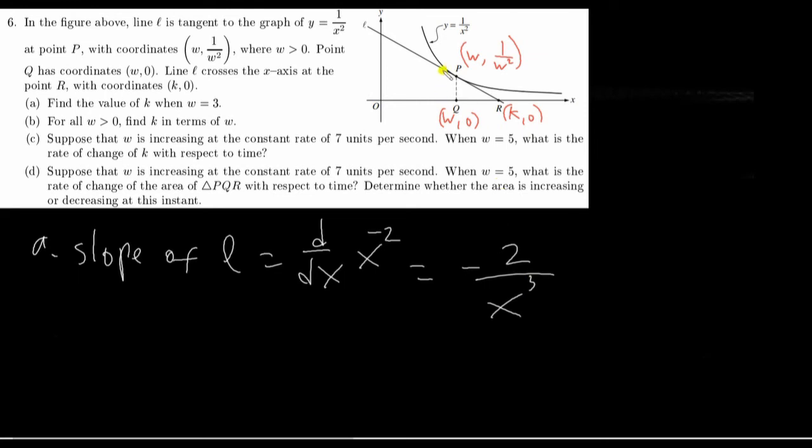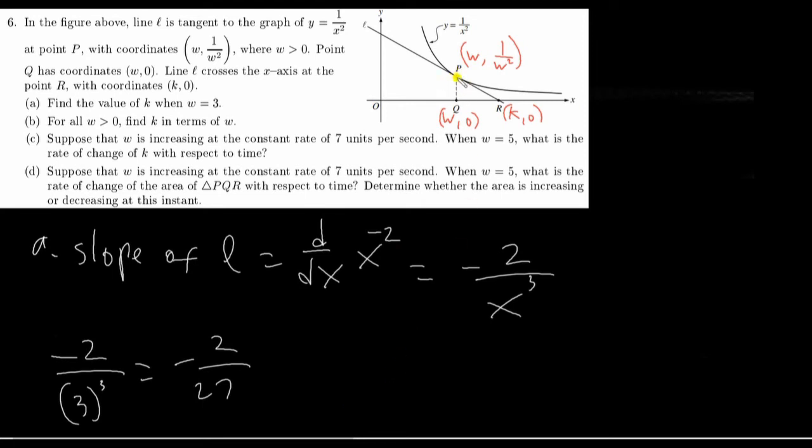So we can take the slope, and it's at point w, right? And since in this question w is 3, we're going to evaluate this derivative at x equals 3. So negative 2 over, instead of x, we're going to put 3 cubed, which comes out to be negative 2 over 27. So this is the slope of line L, because that's the slope of the tangent line at x equals 3. So now, what else can we do?